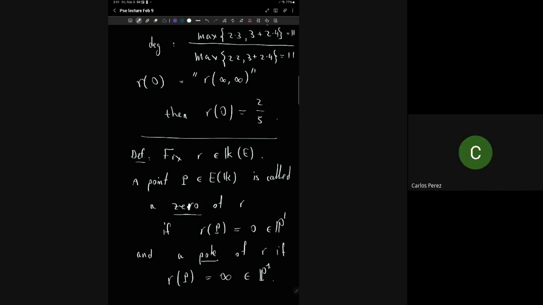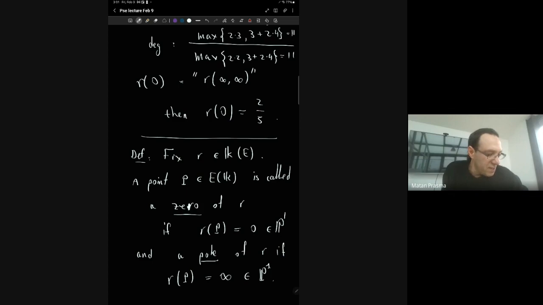So it's a bit different, but there is a treatment in analysis of complex functions where zeros and poles are used a lot, and this helps you classify complex functions of certain kinds.